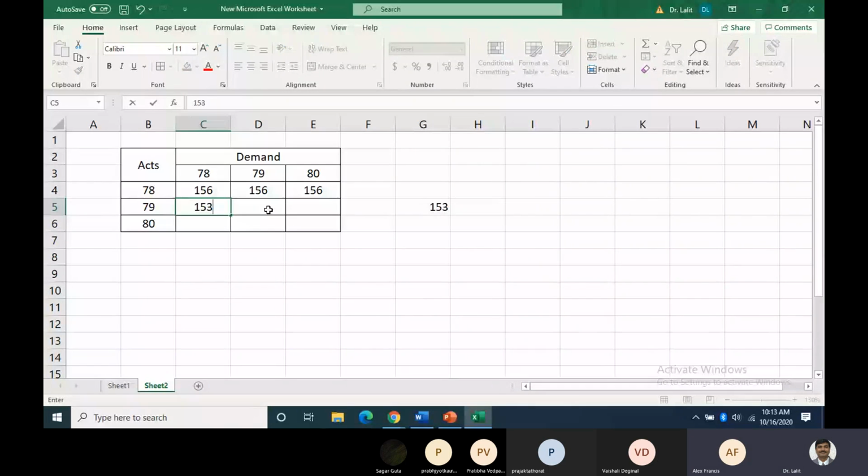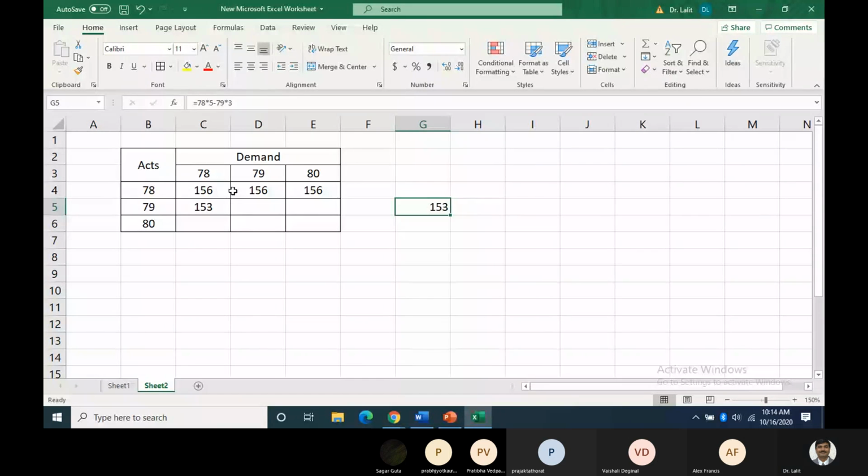What about this? So see here, वो मैन्युफैक्चर कर रहा है 79 एंड सेल भी कर रहा है 79, राइट? सो यहाँ पे मैं थोड़ा चेंज करता हूँ फॉर्मूला. मैन्युफैक्चरिंग 79 एंड सेलिंग 79. सो रेवेन्यू जनरेट होगा उसका 79 into 5 minus cost of production is 79 into 3.